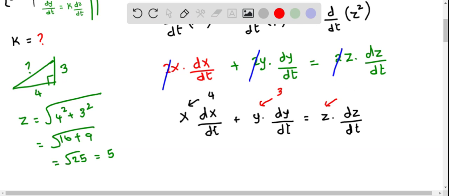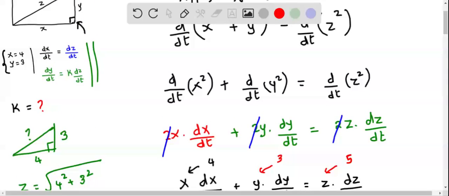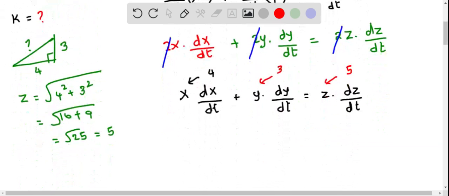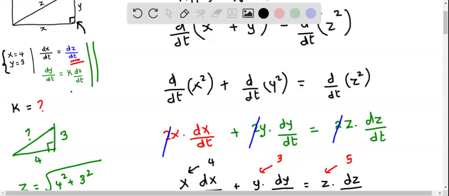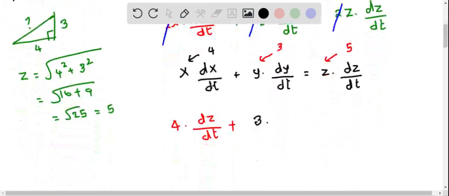And we are also given some equations. dx over dt we can replace as dz over dt. So this becomes 4 times dz over dt plus 3 times dy over dt, which is given as k times dz over dt. So I put k times dz over dt, and this gives z is 5 times dz over dt.